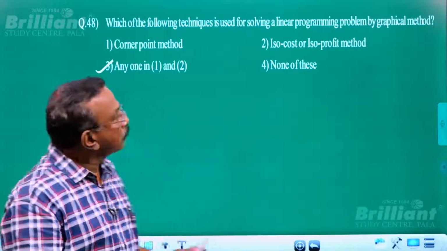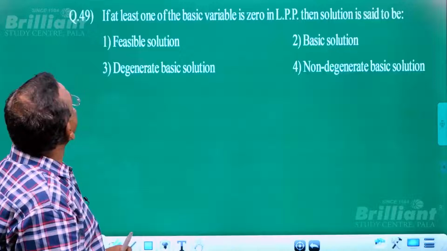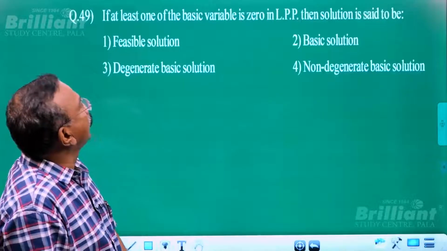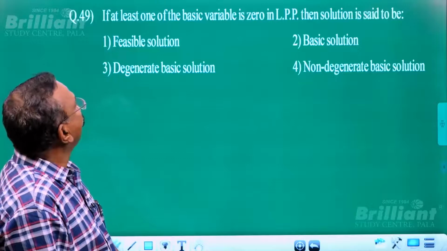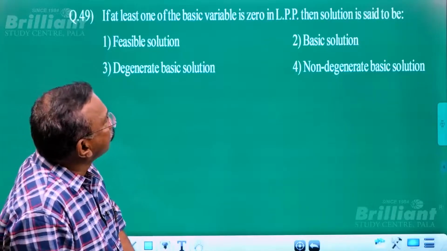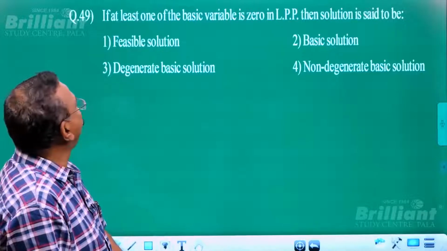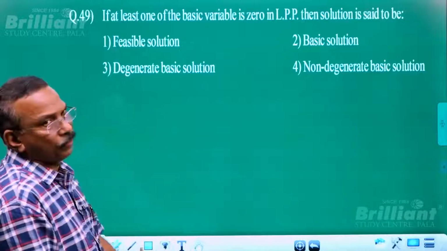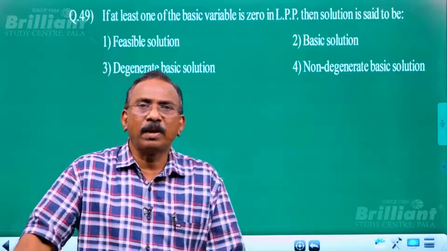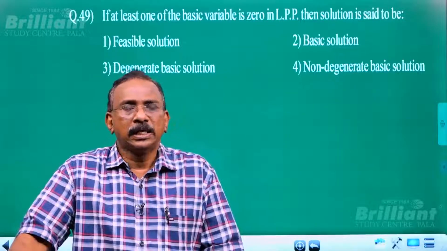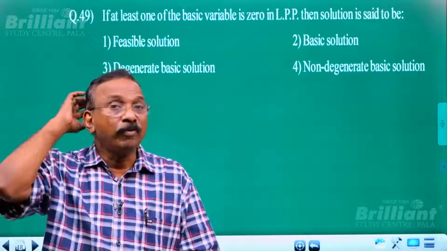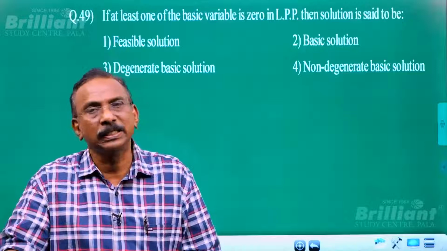Now the next problem: if at least one of the basic variables is 0 in an LPP, then the solution is said to be a degenerate basic solution. So you frame the equation with different possible values, or the minimum values of the input variables should exist.